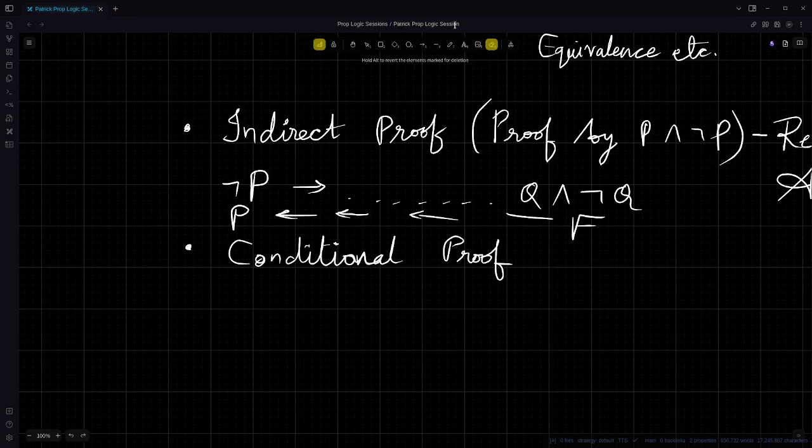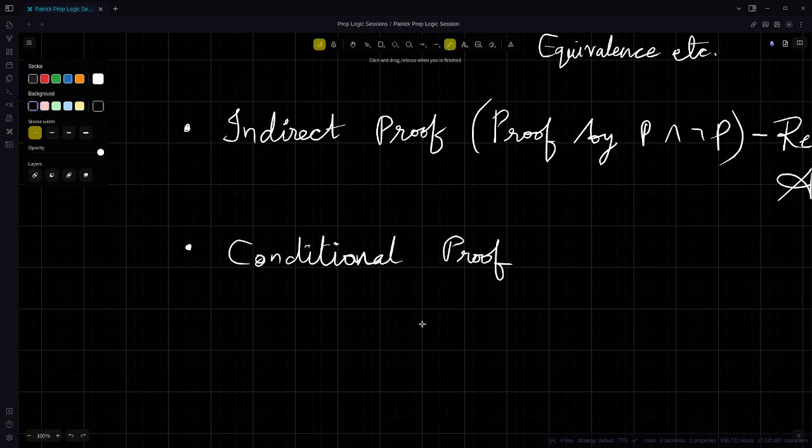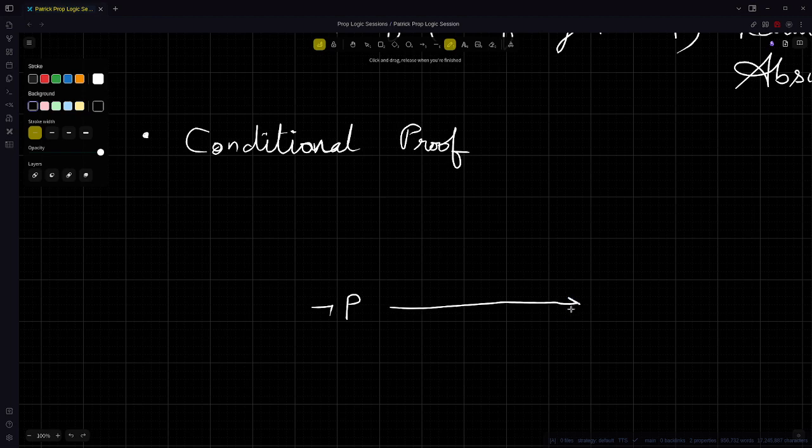So let me show that even more clearly, so as to leave no scope for confusion. Let's say you start with the assumption of not P, and you somehow reach a contradiction.